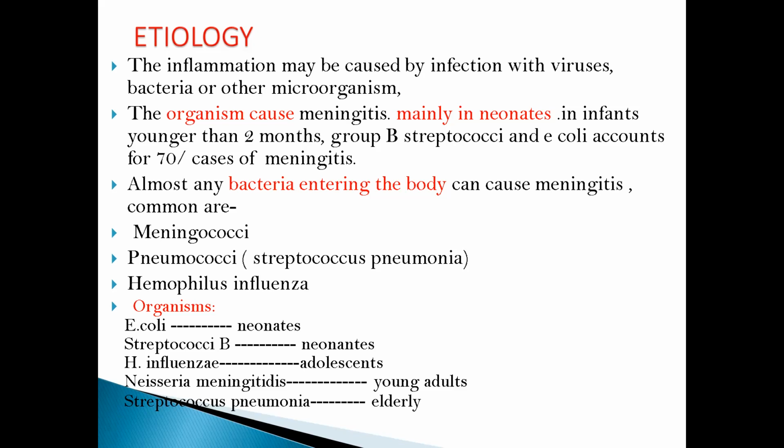Almost any bacteria entering the body can cause meningitis. It may be the common ones like meningococci, pneumococci, or Haemophilus influenzae. Organisms like E. coli, streptococci, H. influenzae and Streptococcus pneumoniae are the main causes of meningitis in children.